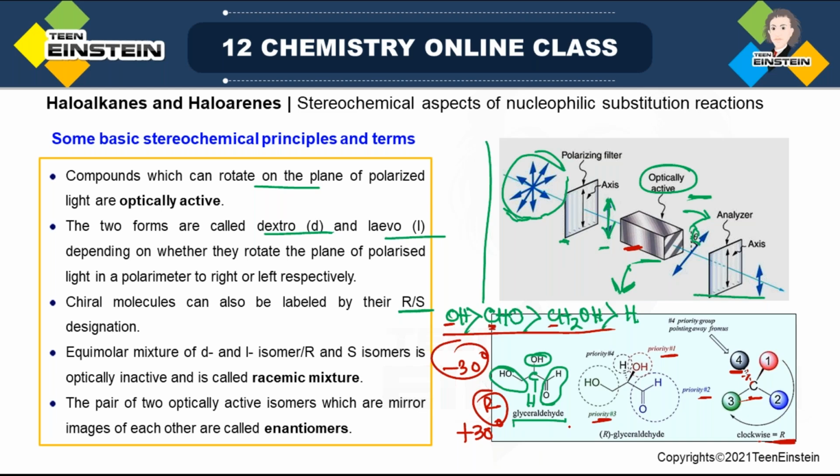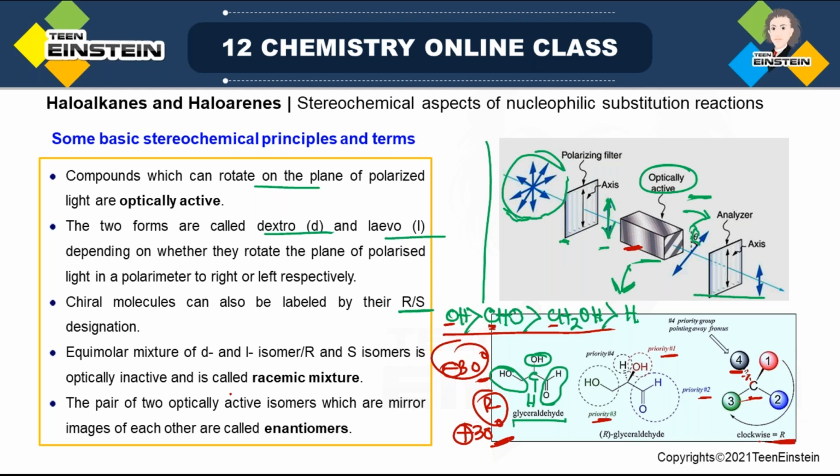So if one enantiomer rotates plus 30, the other will rotate minus 30. But here I am writing it arbitrarily, plus 30 for R. Don't assume that the plus sign is always used for R. No, there is no such thing. I am just trying to mention that if R rotates the plane in one direction, then S will rotate it in the other direction, with a difference in sign but not in the numerical value.